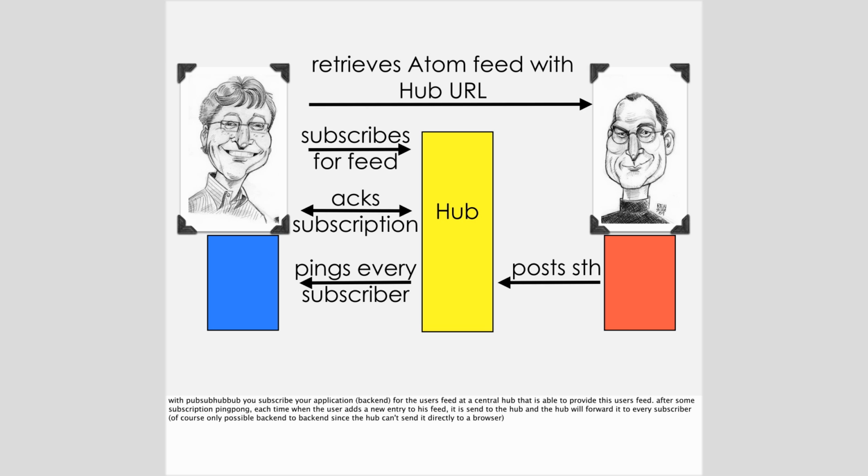There's a subscription mechanism going on there, and then each time the user posts a new tweet on Twitter or on StatusNet, StatusNet sends this post to the hub, and the hub then pings every subscriber and sends them the tweet. And now I can do whatever I want with it.